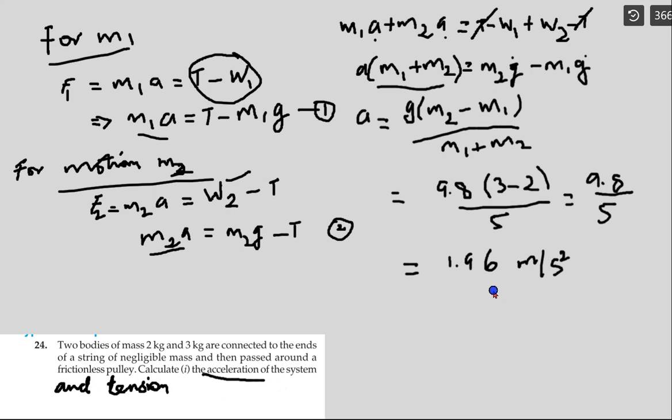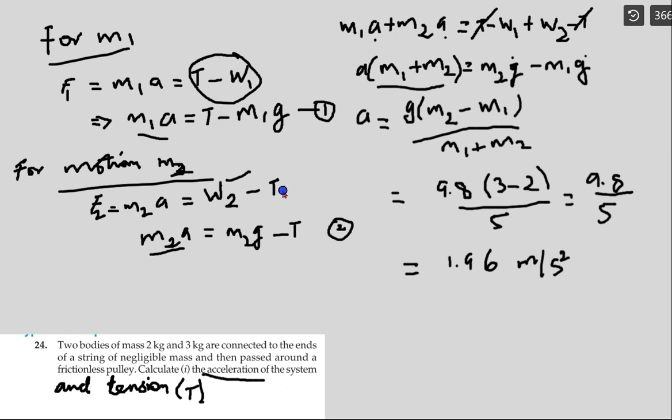Now we can find the value of the tension, that is T. To find the tension T, we can use equation 1 or 2. Let me use 2.